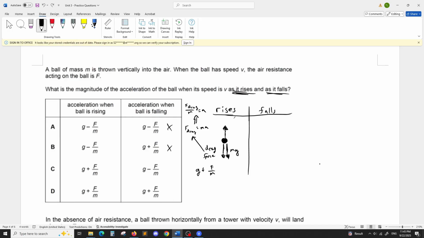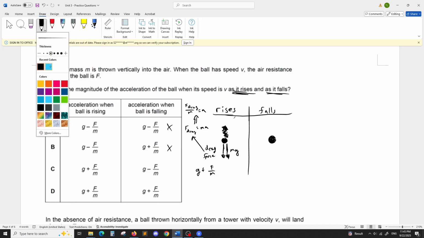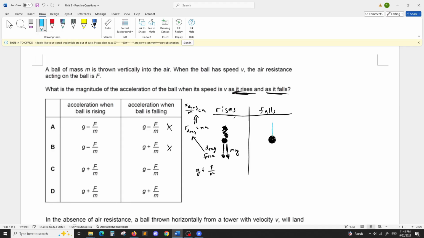And then as it falls, we have our ball here. This isn't actually a force, I shouldn't have written it, it's just the direction the ball is going. Now this is our second free body diagram. We have air resistance, which is F drag. Since it's falling down, the drag force should be going up.